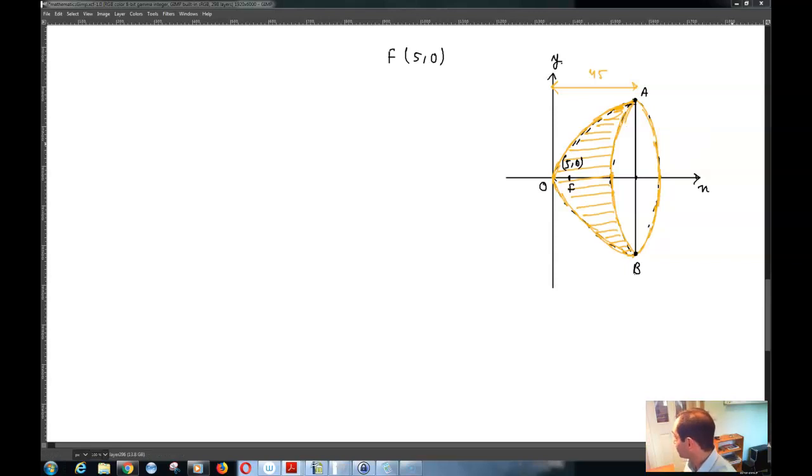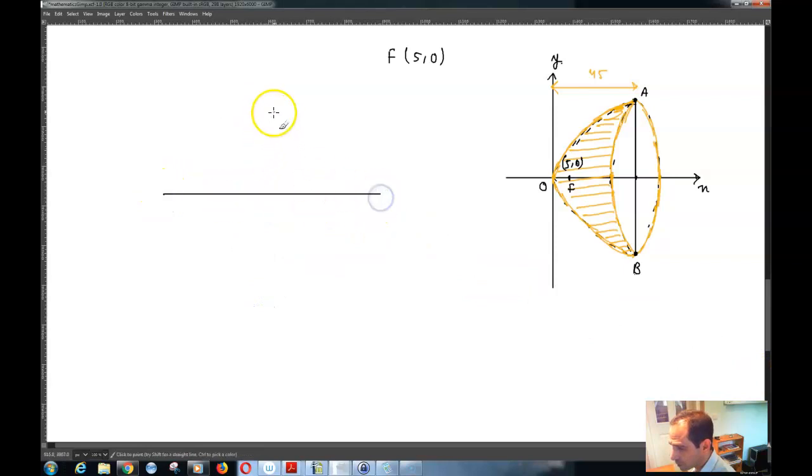basically this is what a parabola is. So basically you could have something like this over here, and then let's say that you have this.